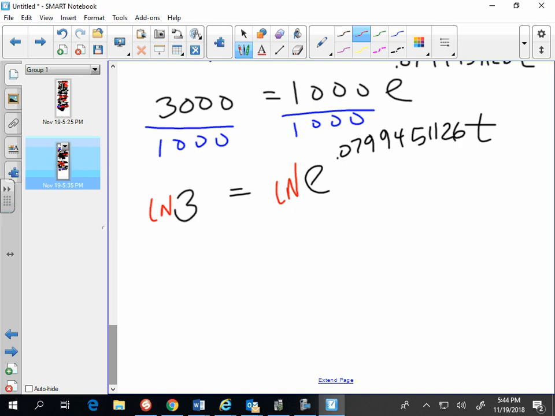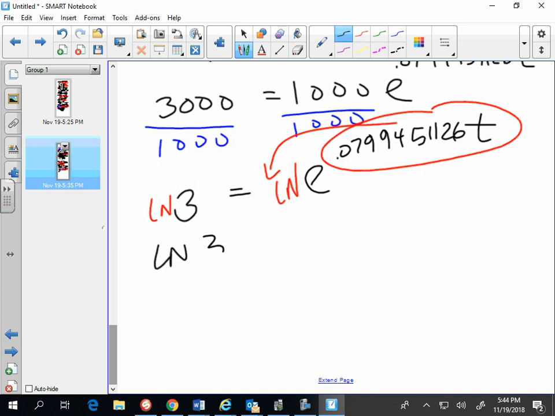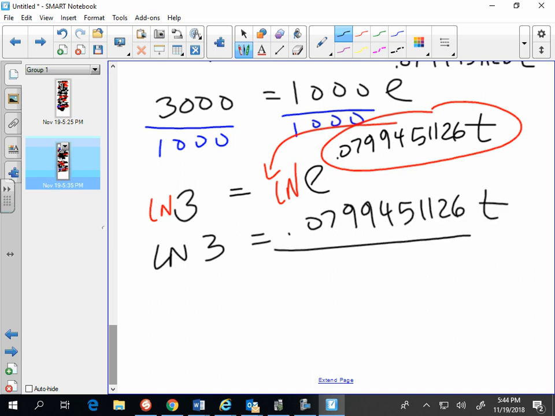In our problem though, we just need to bring this power down in front. So we'll have ln of 3 equals 0.0799451126t. And to get t by itself, I'm just going to divide both sides by the rate, 0.0799451126.